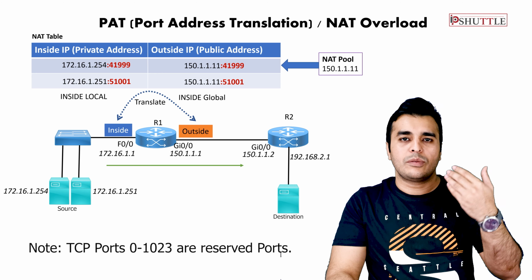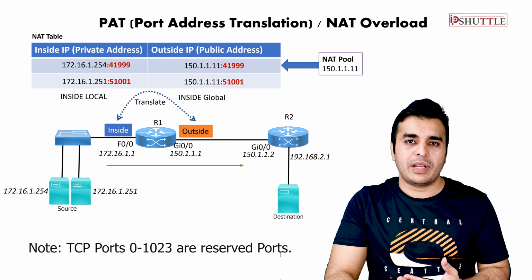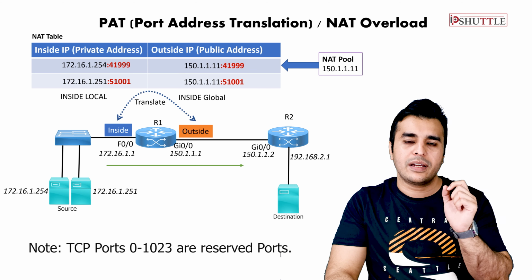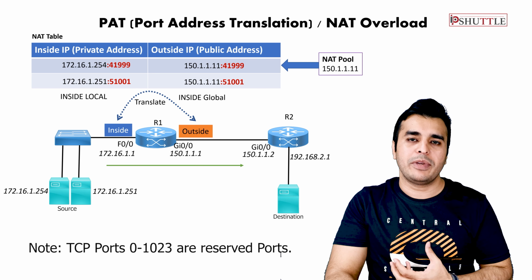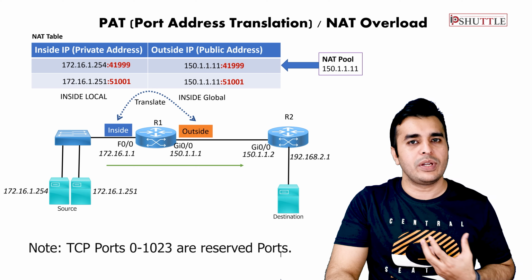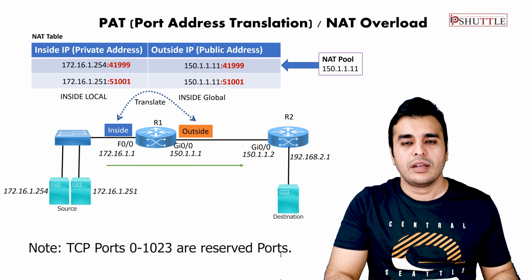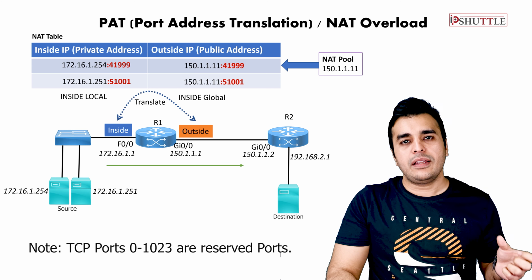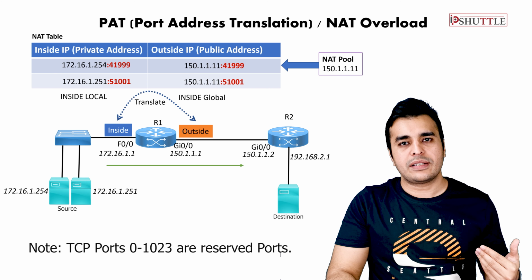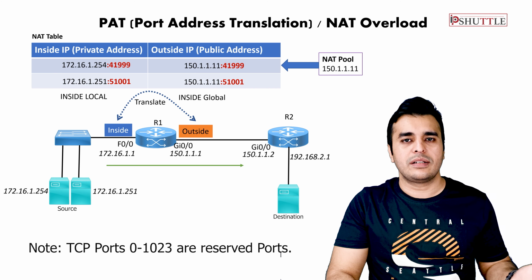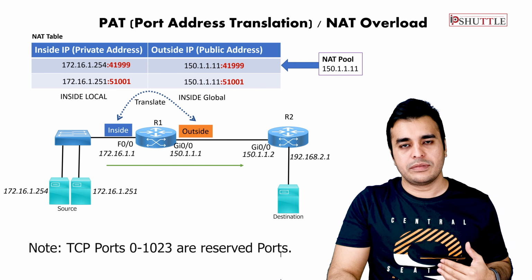One IP address is converted to the inside global IP address, then it will be assigned a port number in front, which it will maintain in a list, and it will be able to identify the difference between different IDs which are coming in. And until it exhausts all the ports, it will continue using that same IP address. Once that is exhausted, it will start using the next IP address.